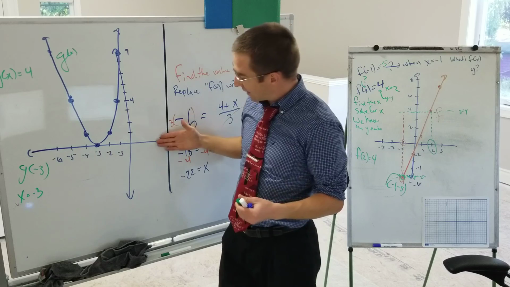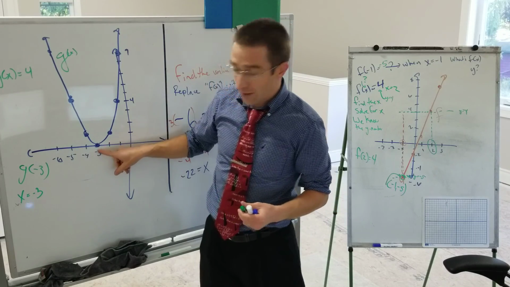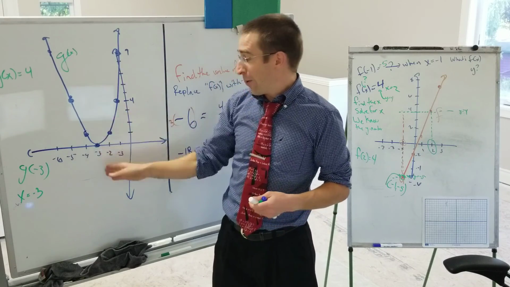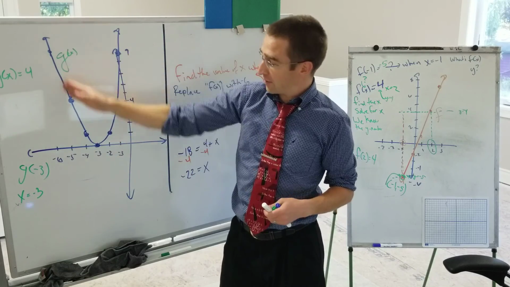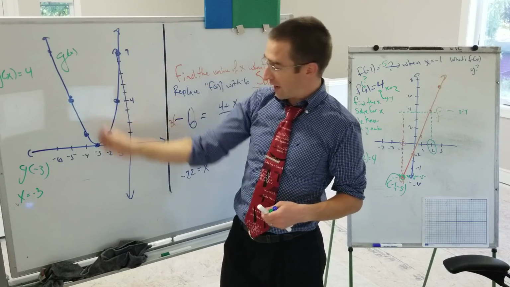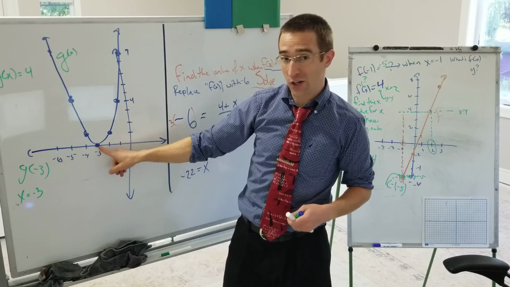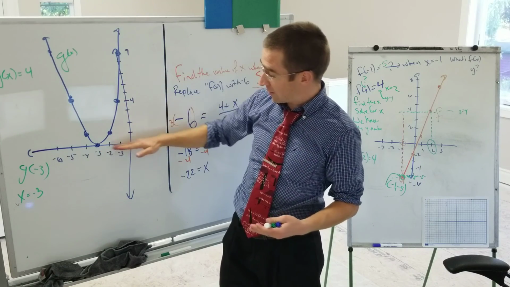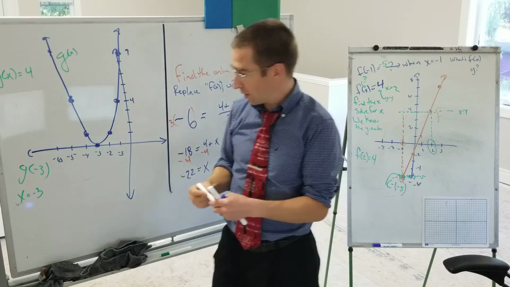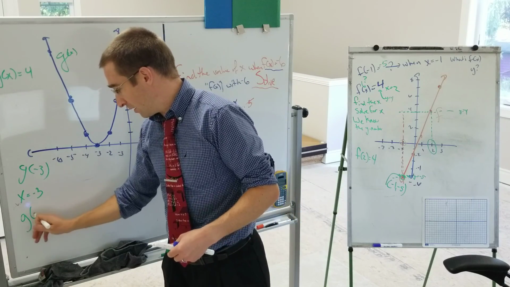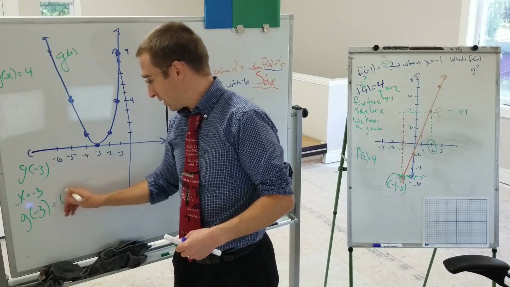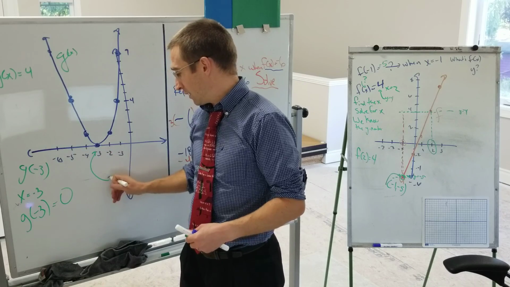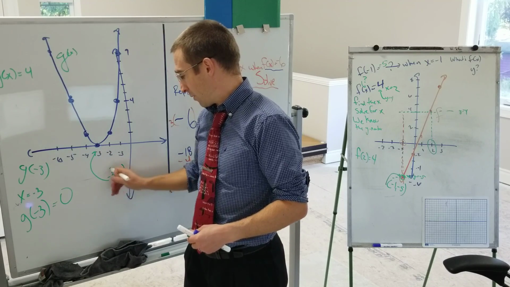So I go along my x-axis until I hit the number negative 3, and I ask, where does this curve intersect x equals negative 3? Right here. And what is the y number? The y number is not up or down, it's just 0. So g of negative 3 equals 0, because we have this point, (-3, 0).